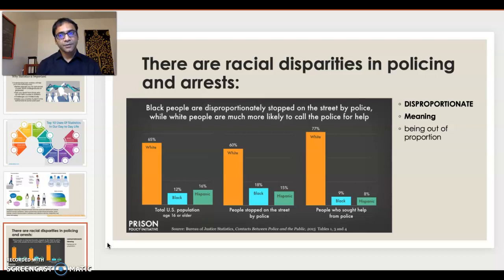Disproportionate means being out of proportion. Here, in these bars, you can see people who sought help from police. 77% of white respondents said they sought help from the police, as compared to Black respondents, who are only 9%, and Hispanic 8%. So these kinds of bars and different ways of interpreting data are extremely important.